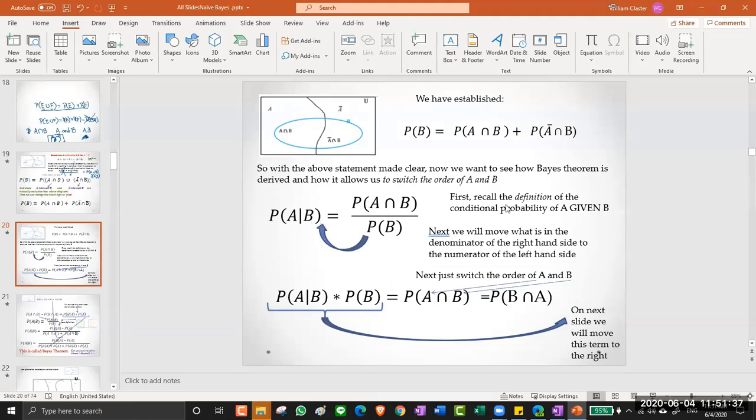Okay, first recall the definition of conditional probability of A given B. Next, we will move this P of B over to here, which of course we're allowed to do. So you get P of B, bring that up here, and that's equal to the probability of A intersect B. Okay, is that clear? Yes. And of course, the probability of A intersect B is also equal to the probability of B intersect A. That doesn't matter.